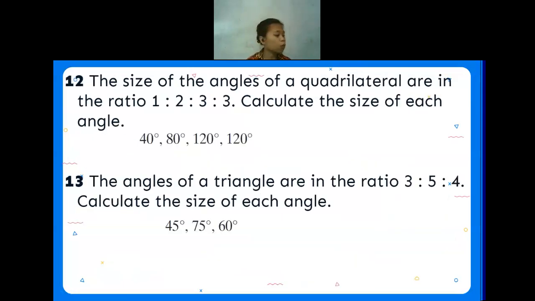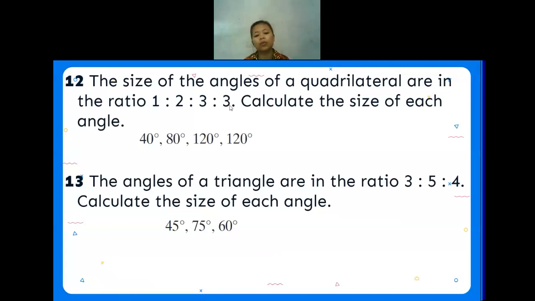For the question 12, we have the size of the angles of a quadrilateral given in the ratio 1, 2, 3, 3. Quadrilateral means having 4 sides. So any shapes that have 4 sides, the total angle will be equals to 360. So we need to find the total 1 plus 2 plus 3 plus 3.